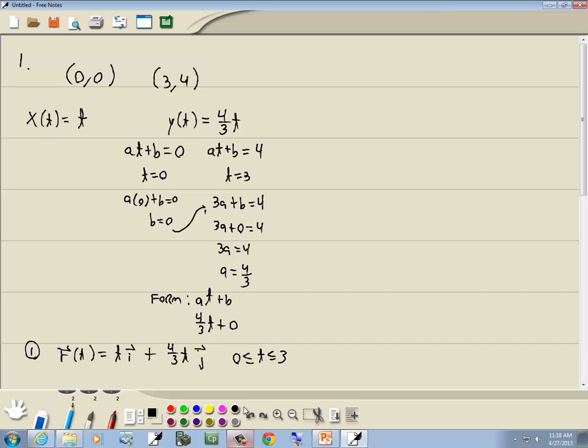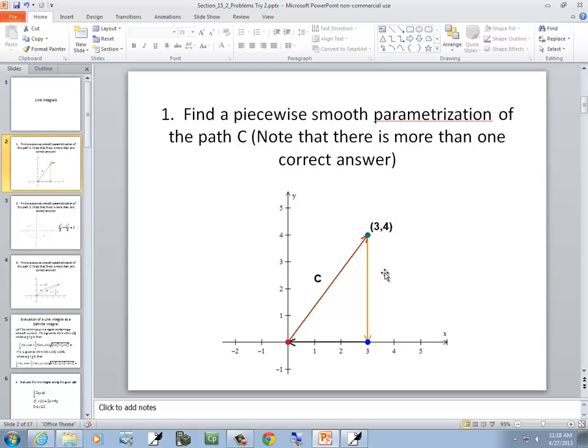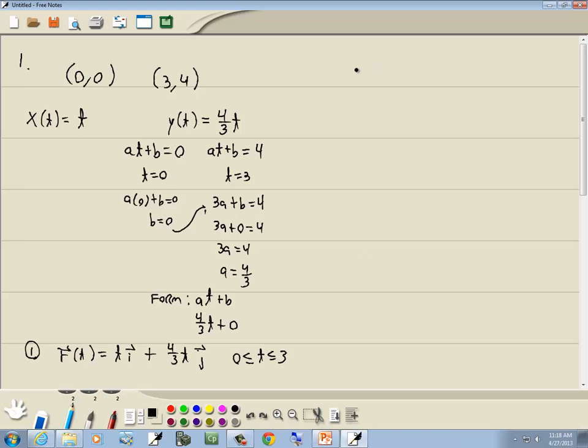Okay. Second piece. That's going from 3, 4 down here to 3, 0. And again, we're trying to find out what x is going to equal, and what y is equal to.